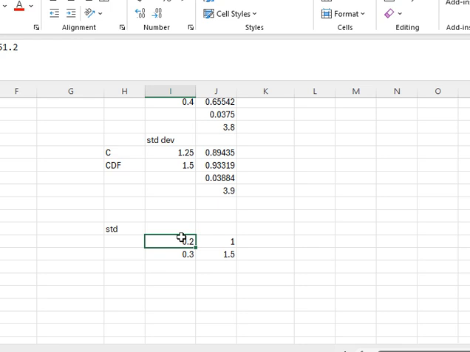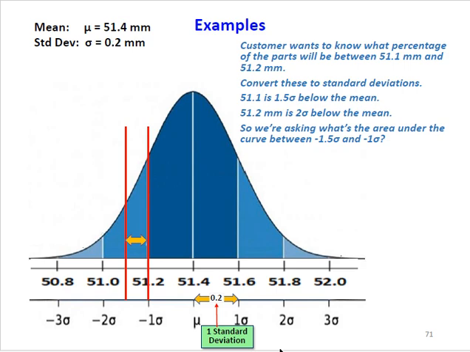And the same thing, 51.4 minus 51.2 is going to give you 0.2. Then you're going to divide this by 0.2 because 1 sigma is 0.2 millimeter.